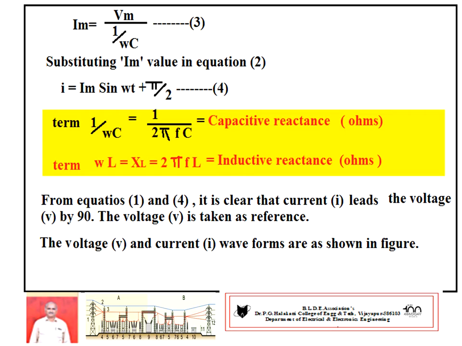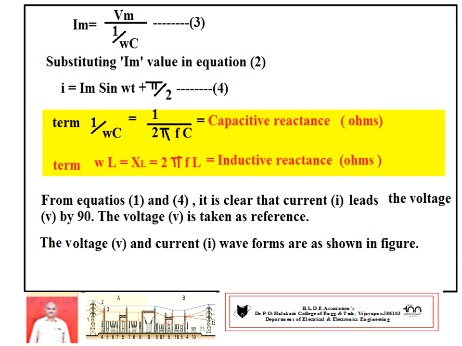So inductive reactance equal to omega L, that is equal to 2 pi f L, where L is the inductance value in Henry and f is the supply frequency in cycles per second, or hertz. These two relations, inductive reactance and capacitive reactance, are to be remembered while solving problems.